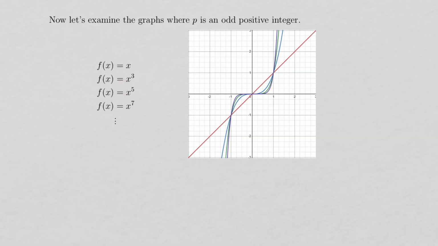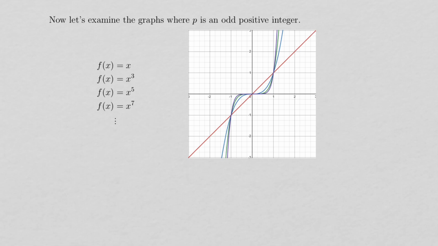If you look at these shapes, f of x equals x is obviously the line, the red one. Then if I go x cubed, I get the blue. They all have the same shape. If I go x to the 5th, I get the green, and then x to the 7th, I get the purple graph here.